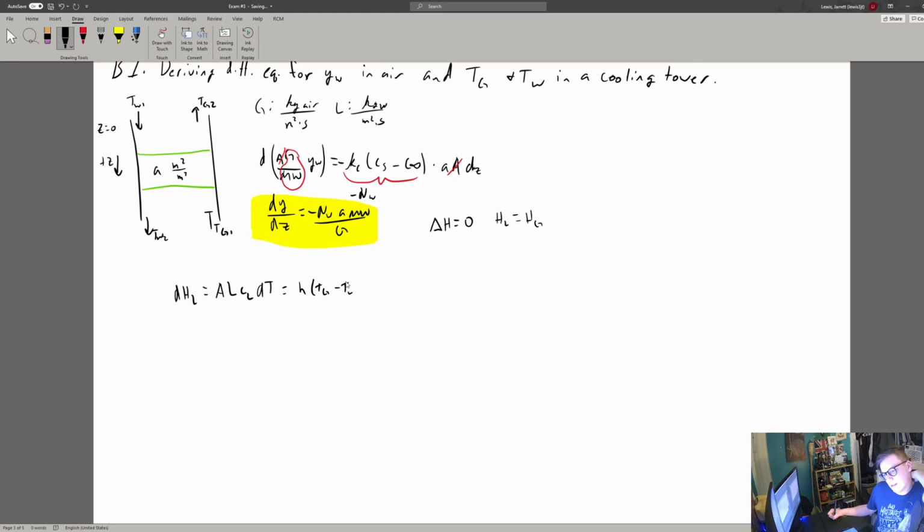Then we need to subtract the heat of vaporization, because the temperature of the water is going to decrease. It's going to cool.